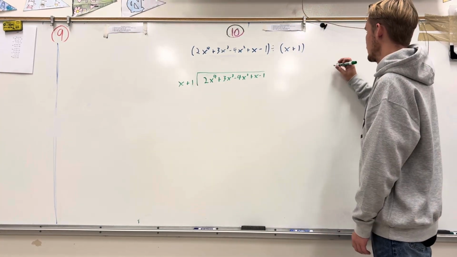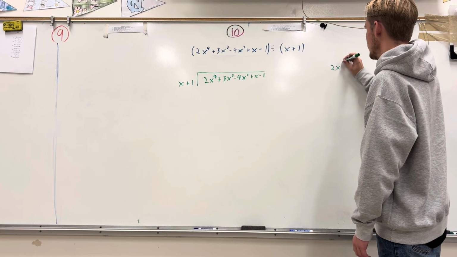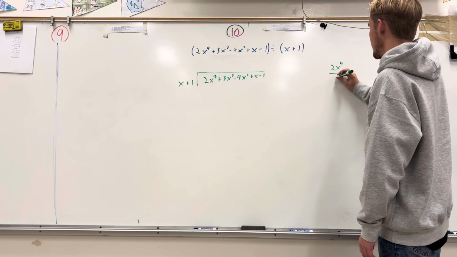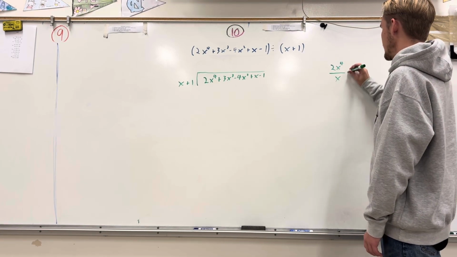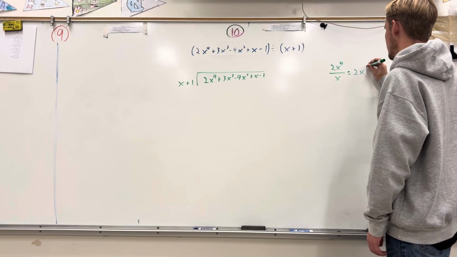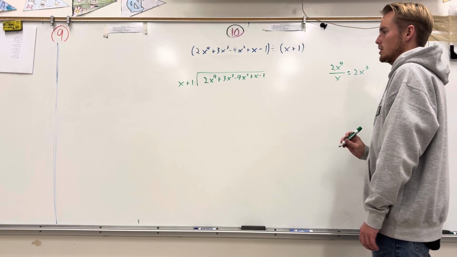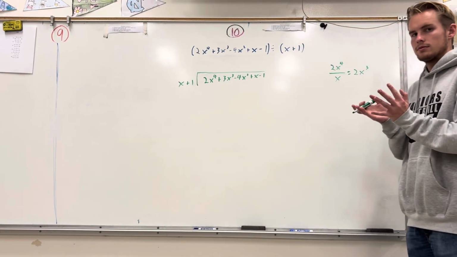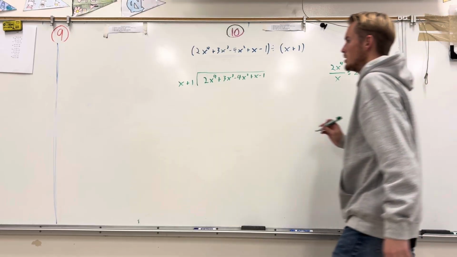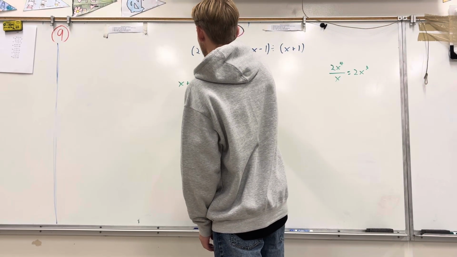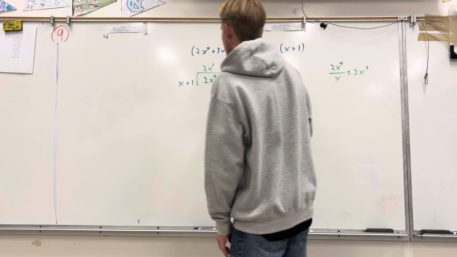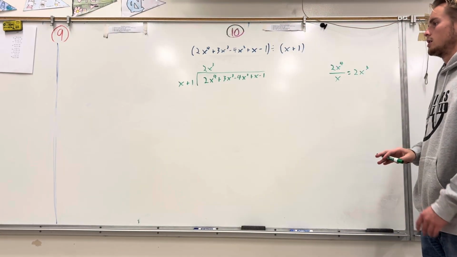I'll do this to the side. We're doing 2x to the 4th divided by x, and you should get that that equals 2x to the power 3. So we put a 2x to the power 3 on top of our box.